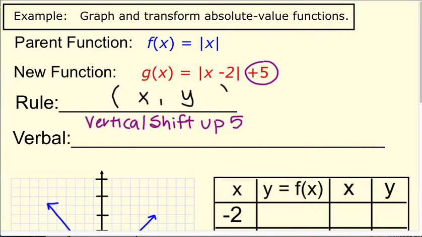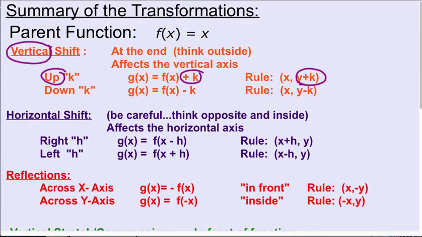Just going to go ahead and write part of the rule now. Here's my x, y. When we shift it up, remember we're adding 5 to the y-axis, or shifting it up on the vertical. All right, the other piece I want to circle is this minus 2. This minus 2 is inside the absolute value, inside the function. So we say we have to think opposite when we're inside.